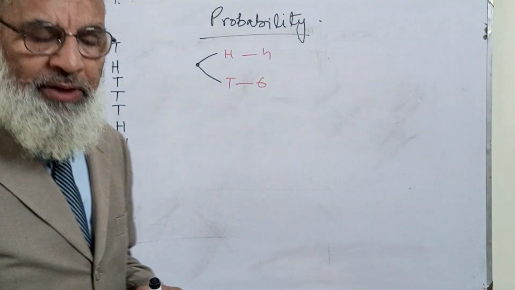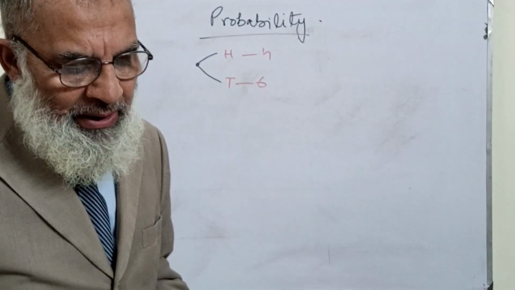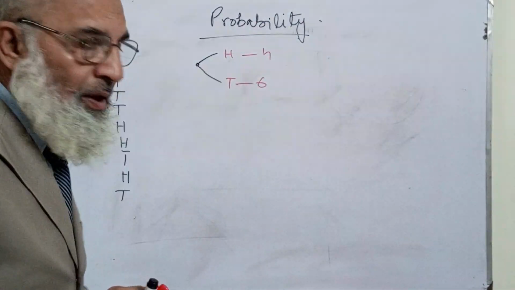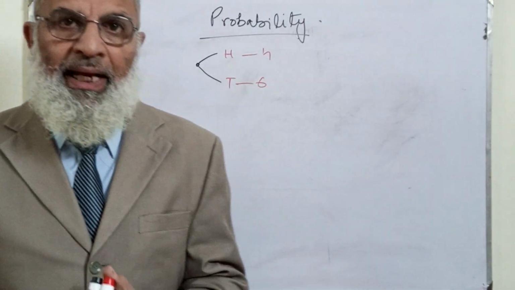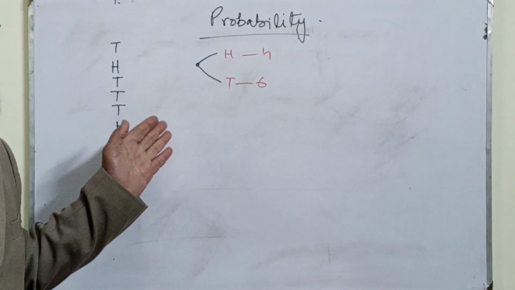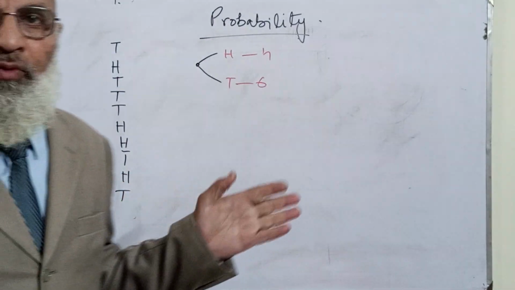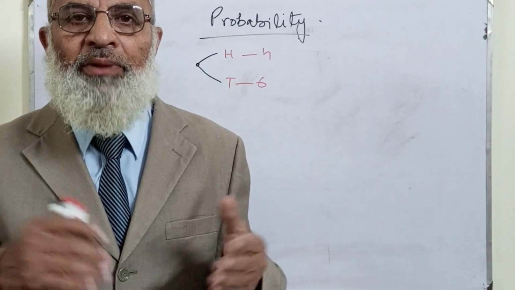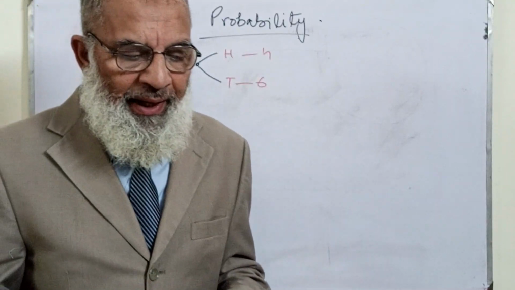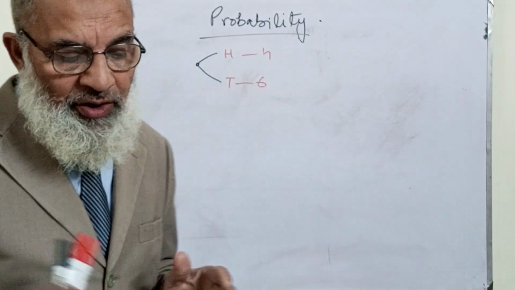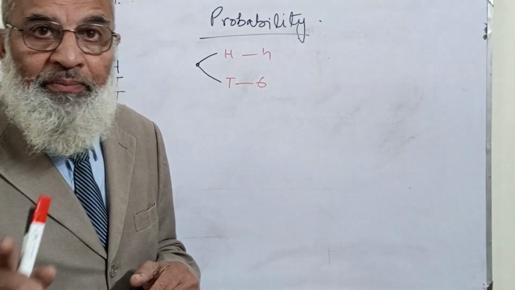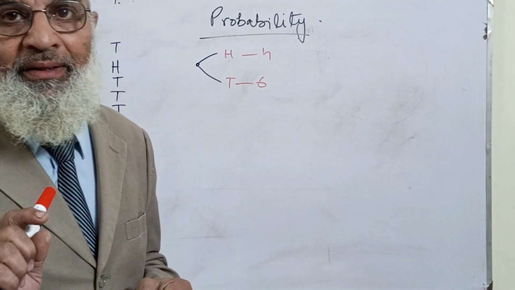Now, what is probability? Probability is the study of chance. As you have seen, my dear students, what I did was probability. Sometimes it came head, sometimes it came tail. Probability is the study of chance and how likely it is that something will happen.